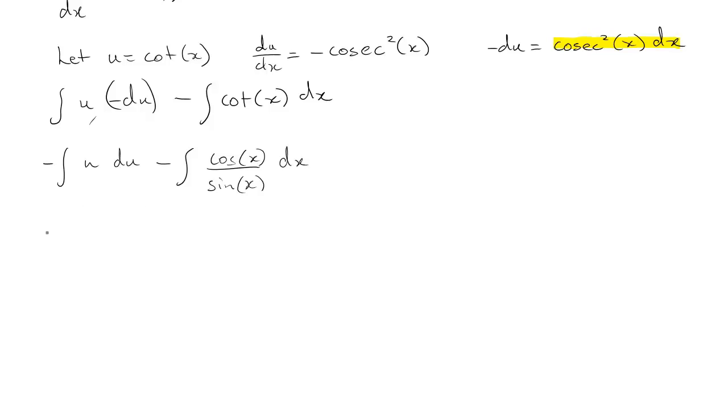Finally, we can integrate the first part, because it is in terms of du. Whereas for this other part of the expression, we may have to do an additional substitution.